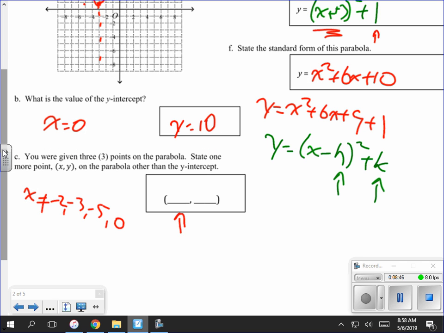I can use any other number I want other than those 4, the 3 that were given and the 0 that gives me the y-intercept. Pick an easy one. Let x be 1. Plug it into either one of these. 1 squared plus 6 times 1. 1 plus 6 is 7 plus 10 is 17. Piece of cake.